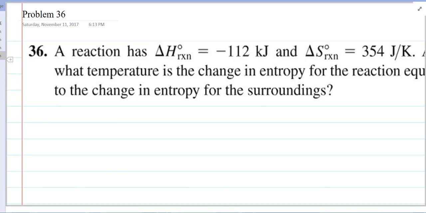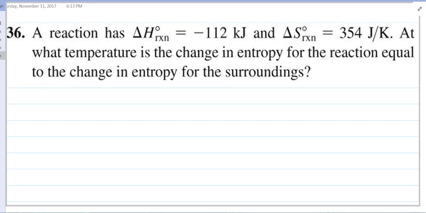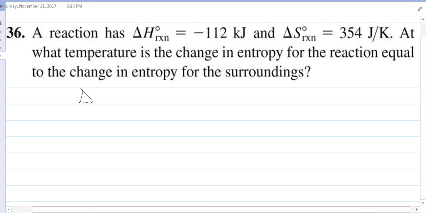Problem 36: a reaction has delta H negative 112 kilojoules per mole, or kilojoules, and delta S 354. At what temperature is the change in entropy for the reaction equal to the change in entropy of the surroundings? Okay, let's look at this. Delta S system plus delta S surroundings equals 0. Delta S system equals negative delta S surroundings.